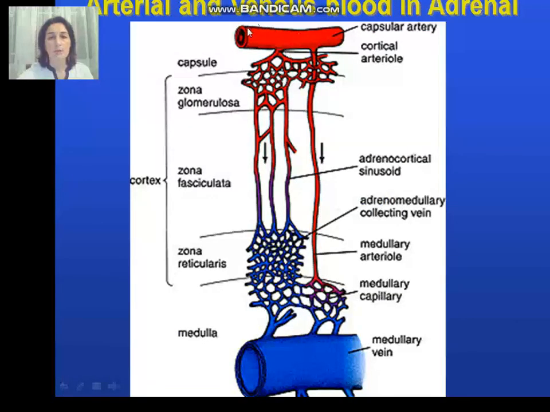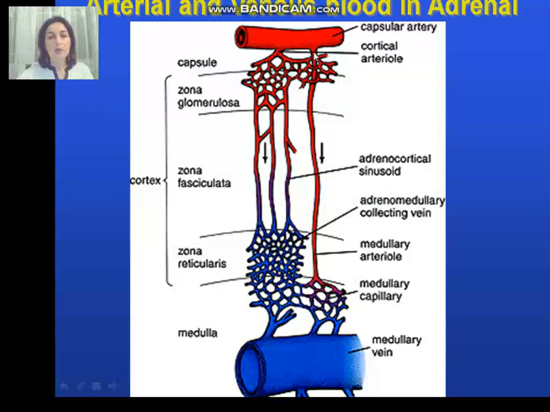Pay attention here: that's the capsular artery, the cortical arteriole for supplying the cortex, and in the cortex we have a capillary network which includes fenestrated sinusoidal capillaries. Then the venous blood in venules will be accumulated and come down towards the medulla.